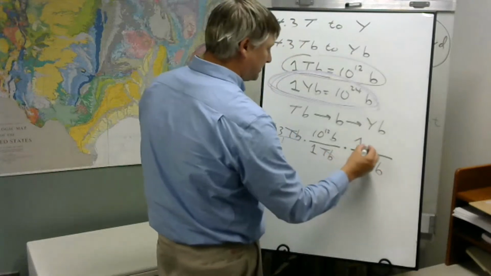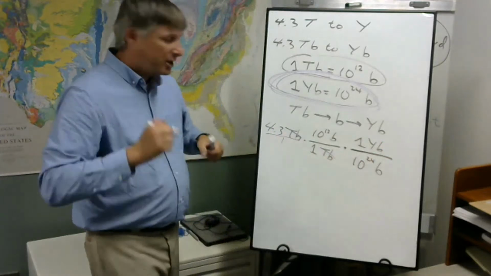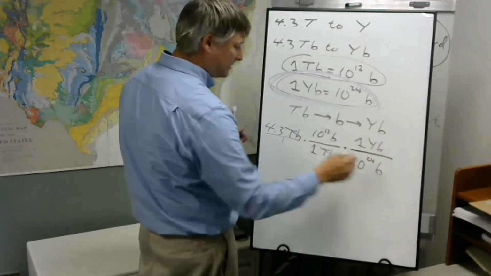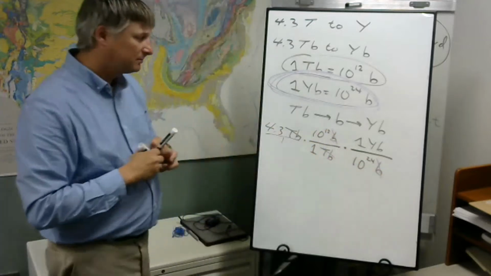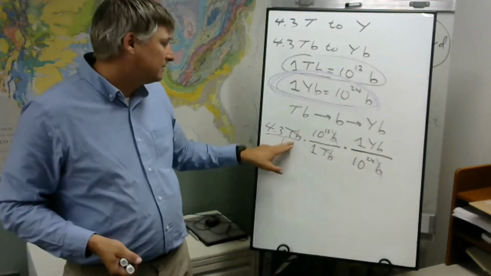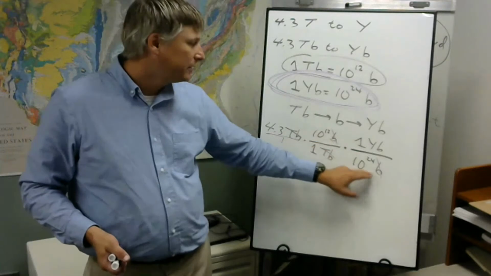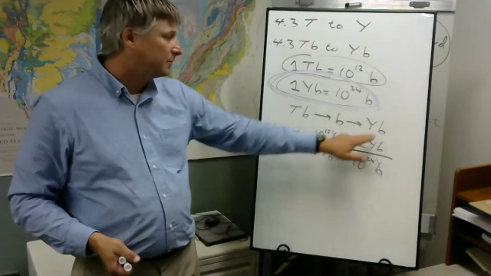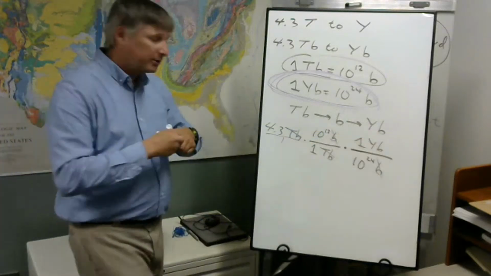And then the 1 yottabyte, that goes on top. And to check, sure enough, bytes in the top, bytes in the bottom means bytes cancel. And if we check our work, we started with terabytes, it cancels. We went to bytes, it cancels. And we're left with yottabytes, which is what we wanted in the end. So we multiply across.